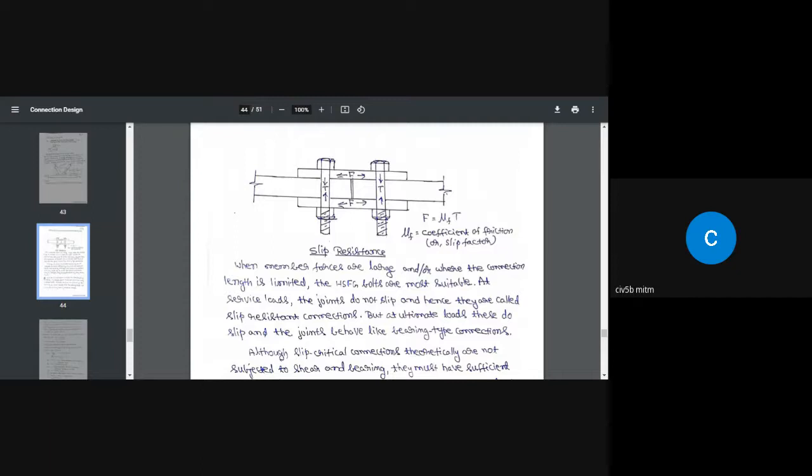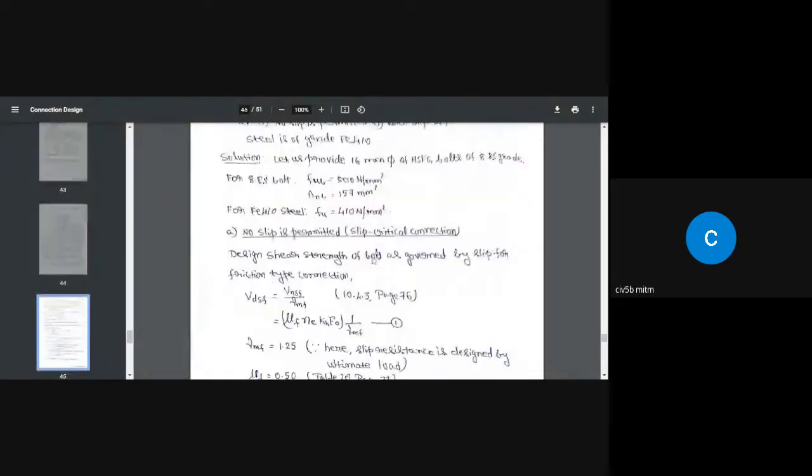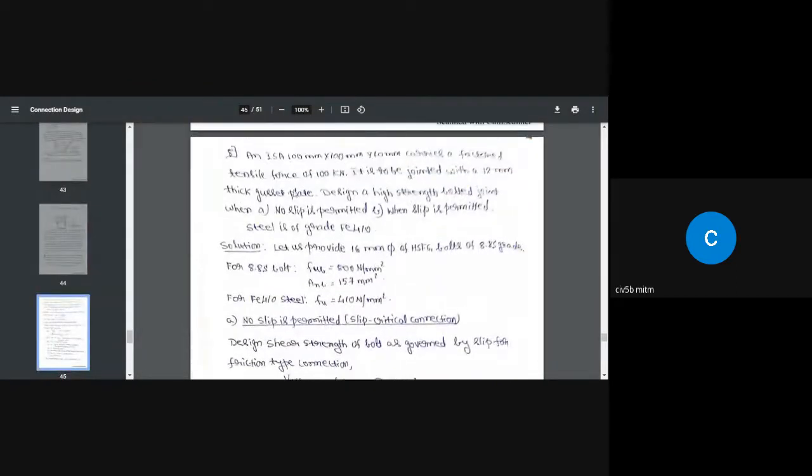Is it clear to you? In case it fails, that means if the joint slips, then it becomes bearing type connection. Is it clear to you? So if we take up the first example on this, I think it will be more clear to you. One second.